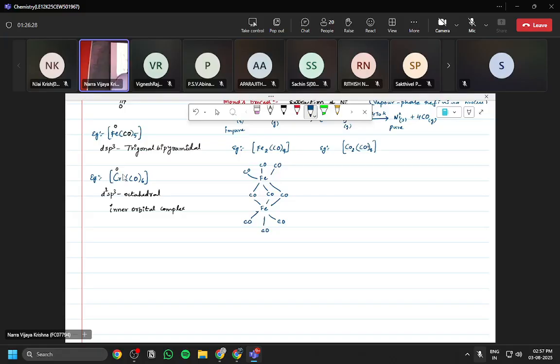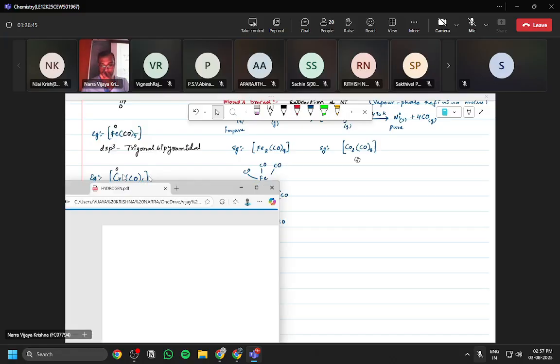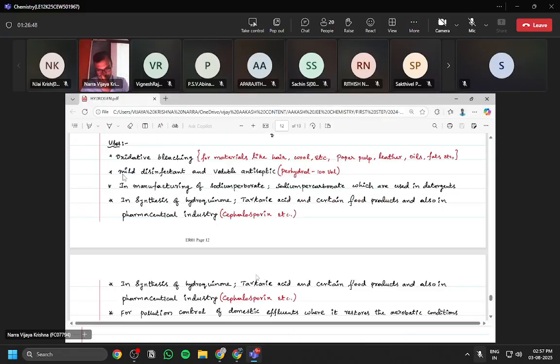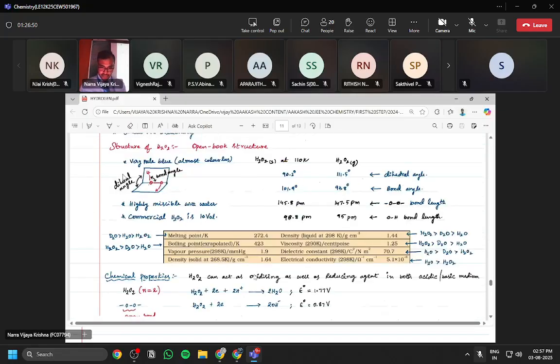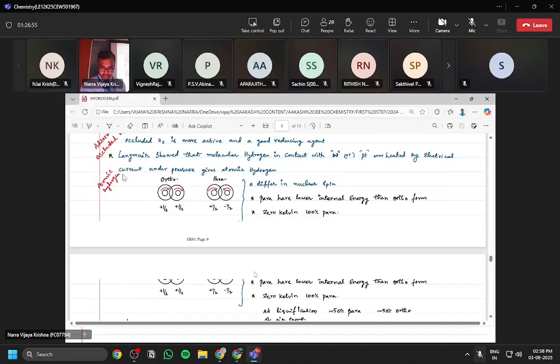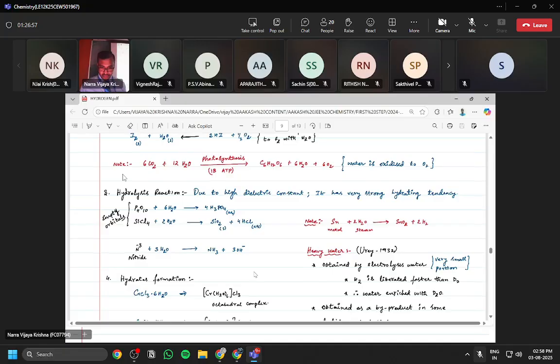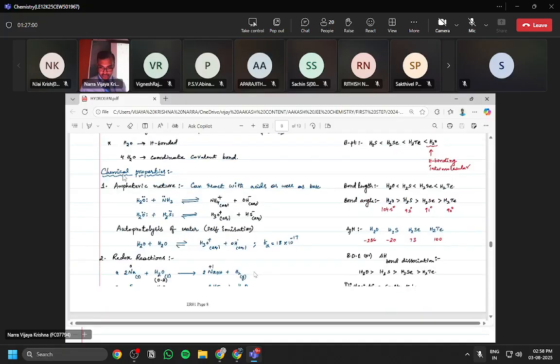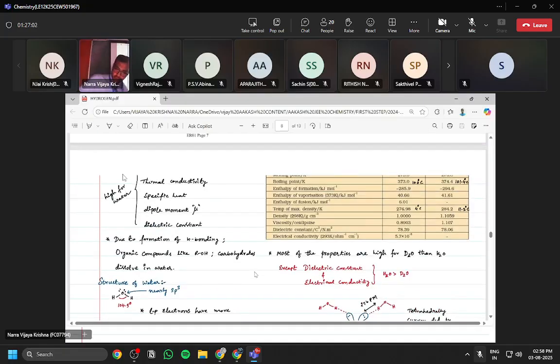In the hydrogen compounds chapter, we have seen this, in the uses of hydrogen.